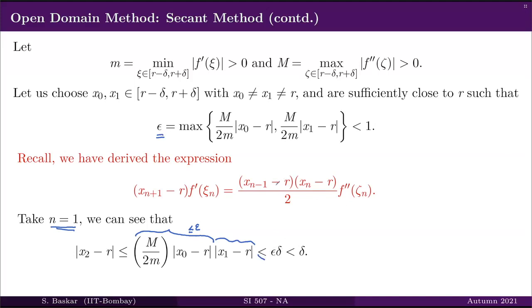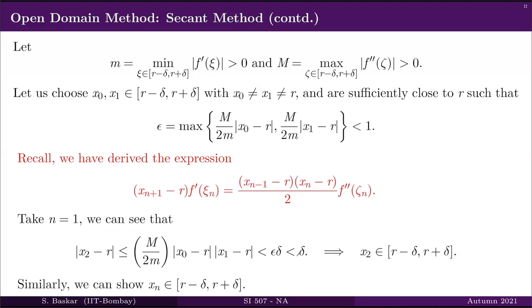Since x0 and x1 are chosen in such a way that epsilon is strictly less than 1, therefore epsilon into delta is strictly less than delta. That shows that x2 also belongs to our delta neighborhood of r. Now you can use an induction argument to show that all xn's belong to the delta neighborhood of r.